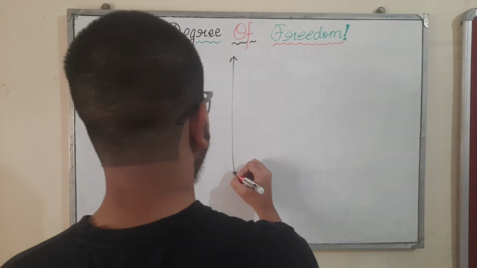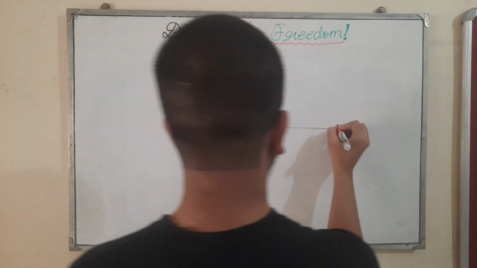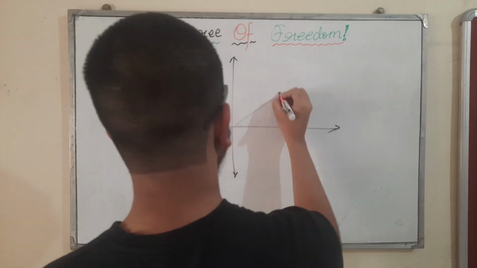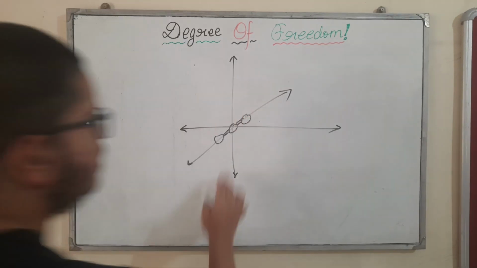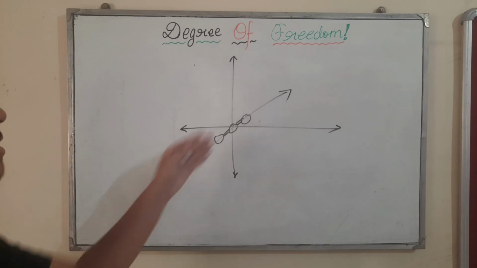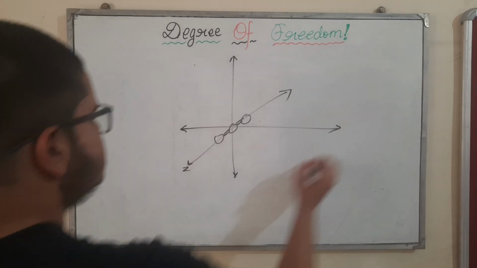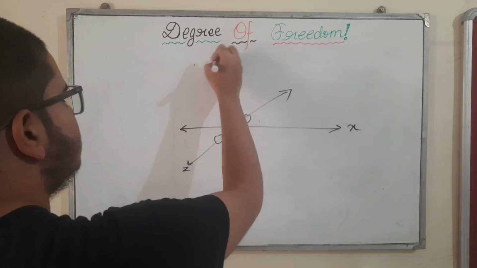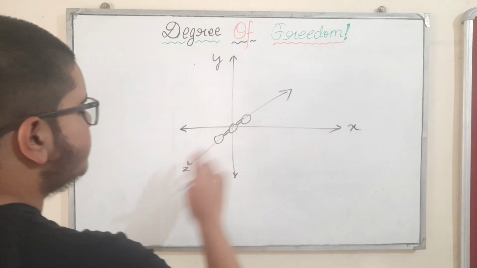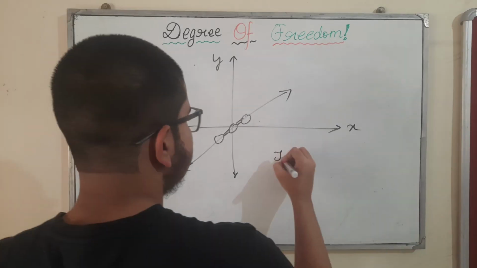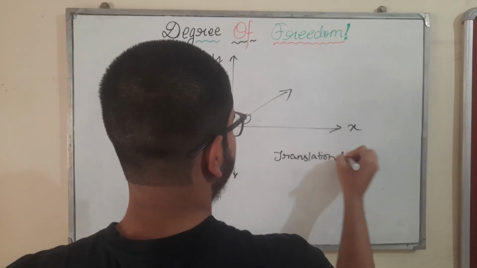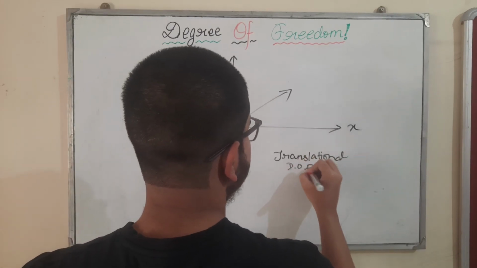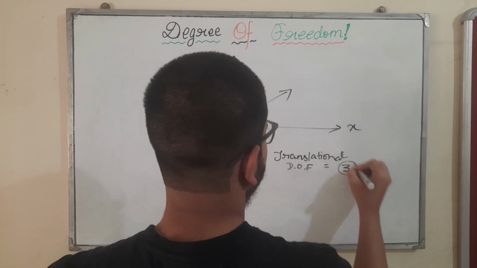So let's take a triatomic molecule, CO2. CO2 is again linear. Okay, I have 3 atoms here. They are linear. I'm keeping them about the z-axis again. Now here, translational DOF is undoubtedly equal to 3.